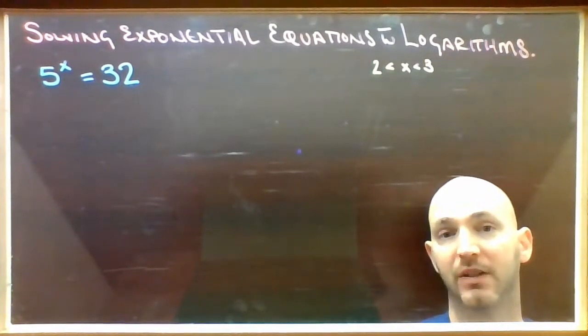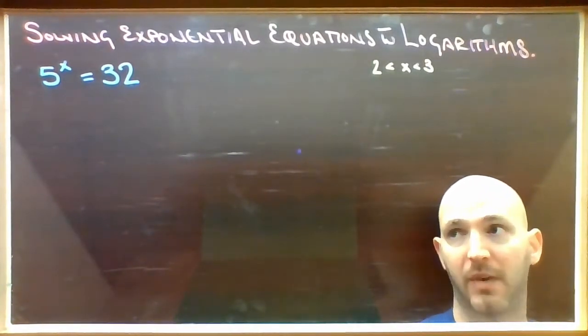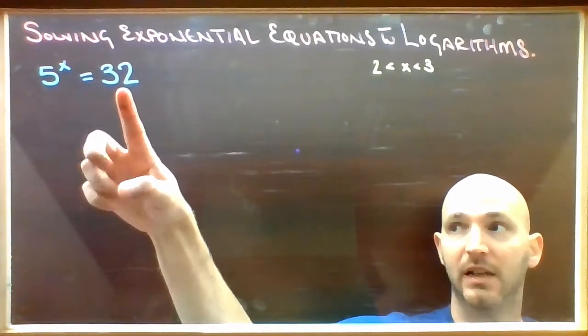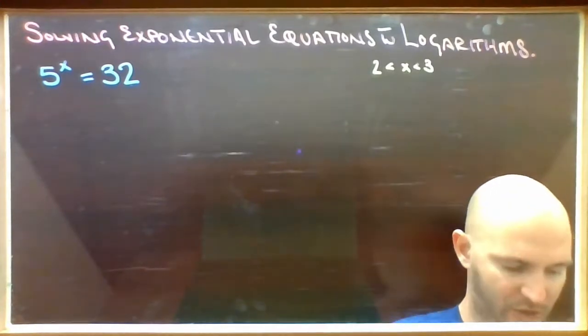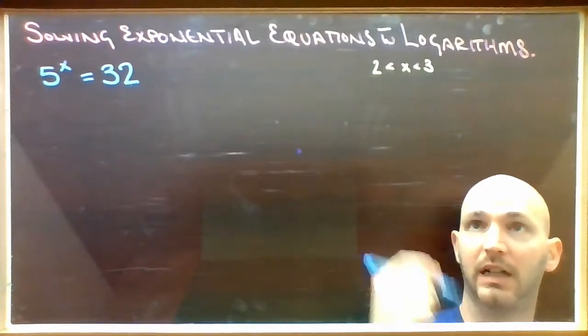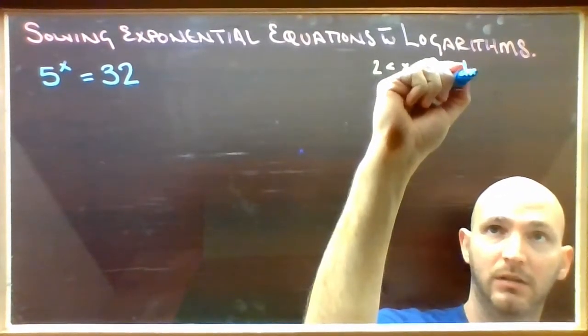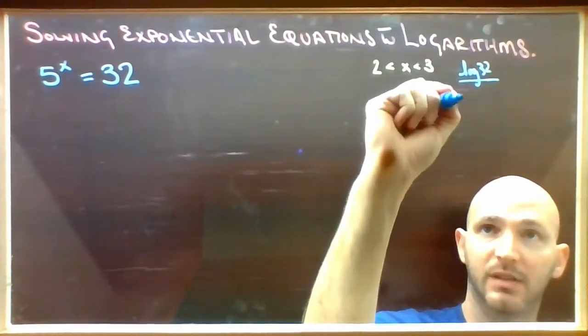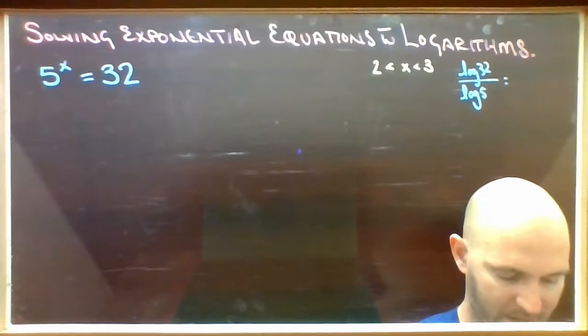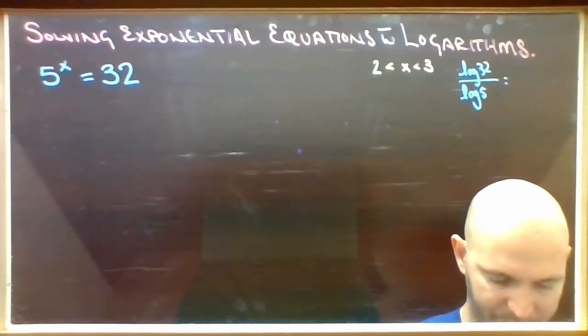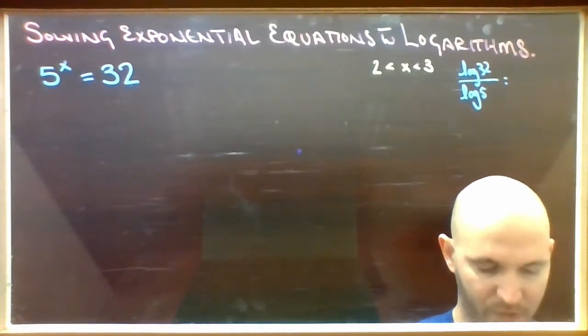Now, just a minute ago, I said we could shortcut by taking the log of this thing and dividing it by the log of that. So if I were to just jot that down, log 32 divided by log 5. I'm going to type that into the machine, log 32. I'm going to turn it on first.